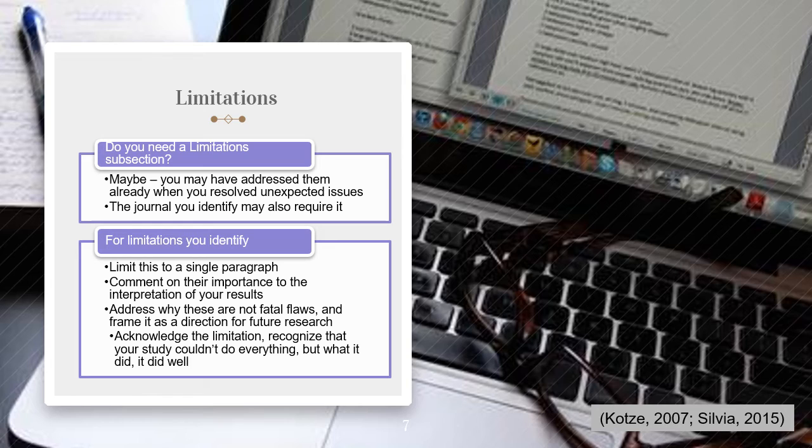When you acknowledge the limitation, you also need to recognize that your study can't do everything, but you also want to point out what you did very well. No study is able to do everything and use every single variable that could potentially exist, and that might be considered a limitation. However, what you did provided good insight on that issue you were addressing.